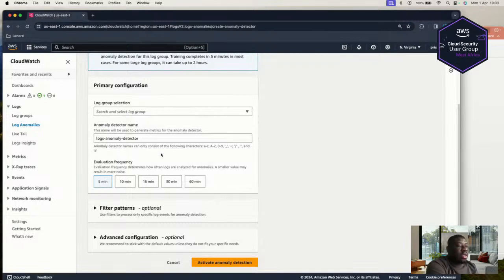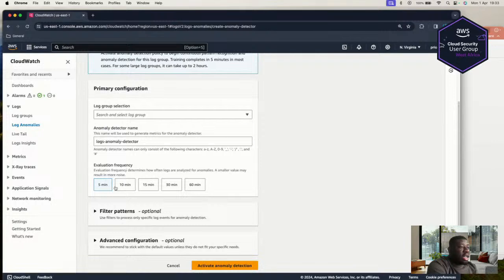Once you do that, you give the anomaly detection a name, and you can see here the evaluation frequency. This determines how often the logs are analyzed for anomalies. So you can decide, do you want 5 minutes? Do you want 10 minutes? Do you want 15 minutes, 30 minutes, or 60 minutes?